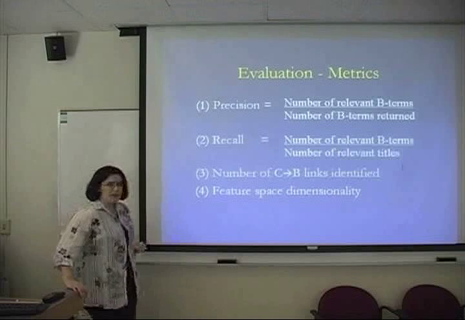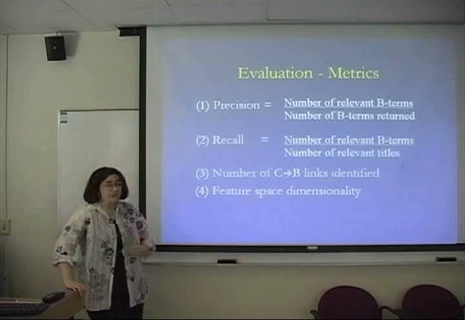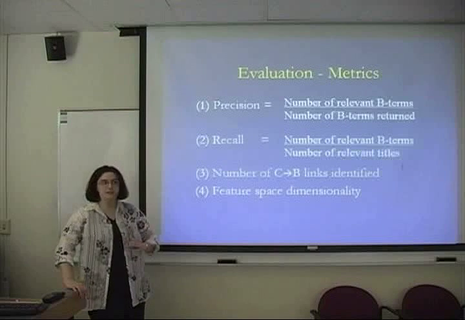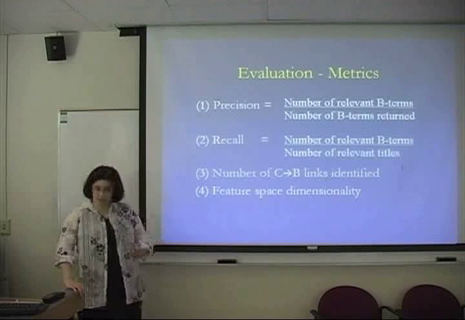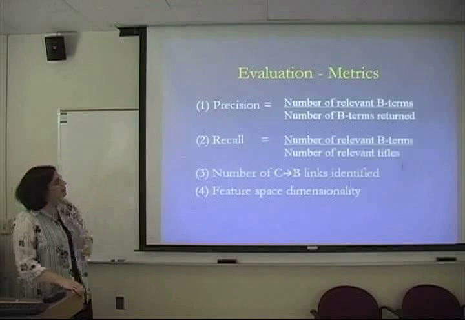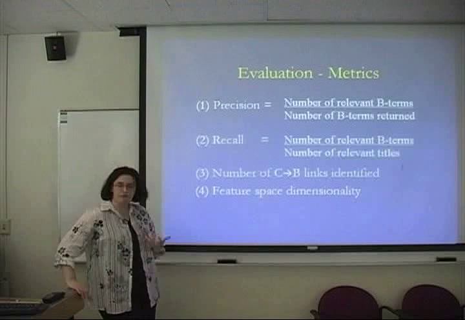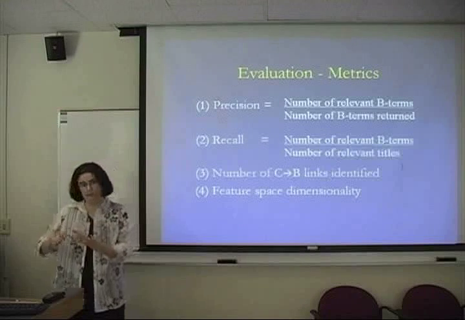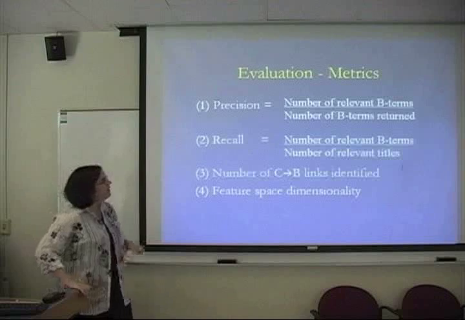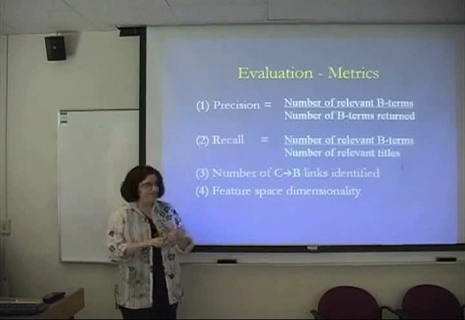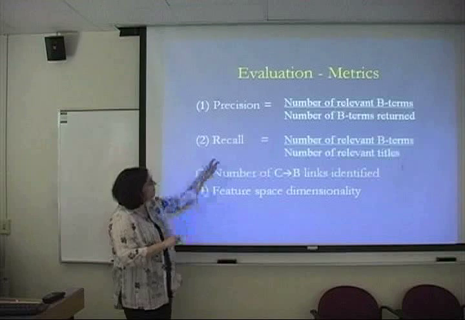In terms of evaluation, we used the standard precision and recall measures. The 11 physiological conditions that Swanson identified were our gold standard. Precision was the number of relevant B terms that were retrieved using either the word, the concept, or the pruned approach, divided by the number of those returned.